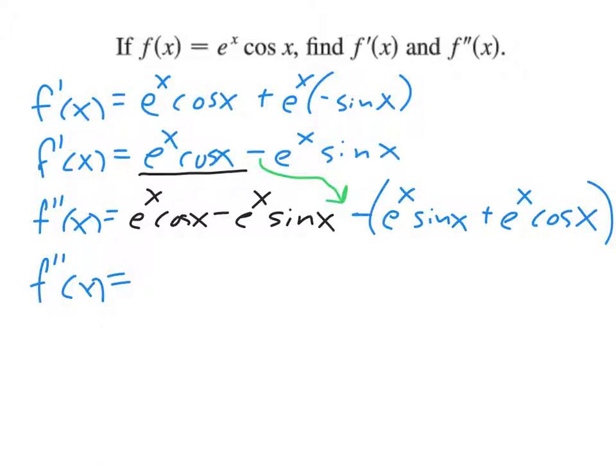Is that gone as well? No. Not completely. Because it's negative e to the x sine of x minus e to the x sine of x. That's like a negative 2 e to the x sine of x. All right, and so then that now is a final, complete answer.